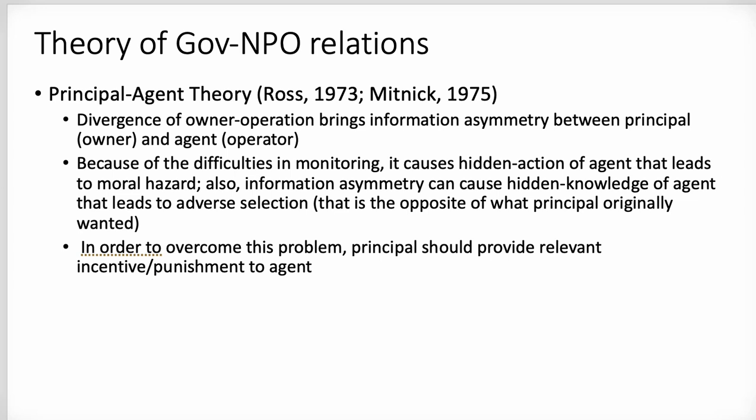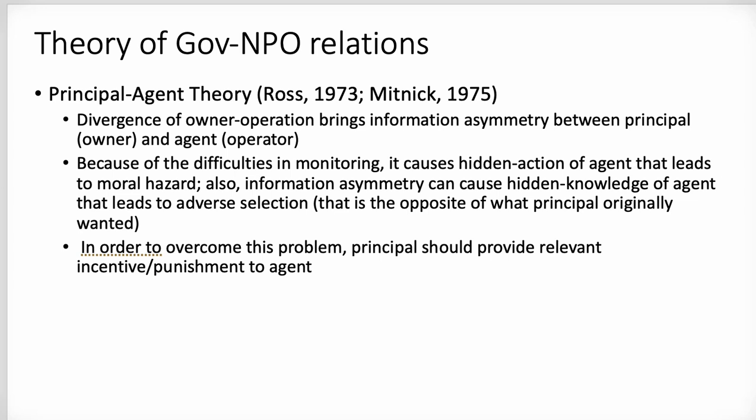So there is a theory to explain government and NPO relations, which is called principal agent theory. This explains that divergence of owner operation brings information asymmetry between principal and agent. Because of the difficulties in monitoring, it causes hidden actions of agents that lead to moral hazard.